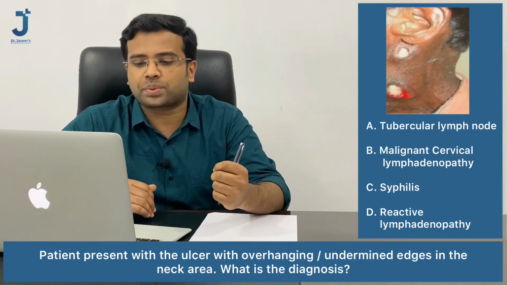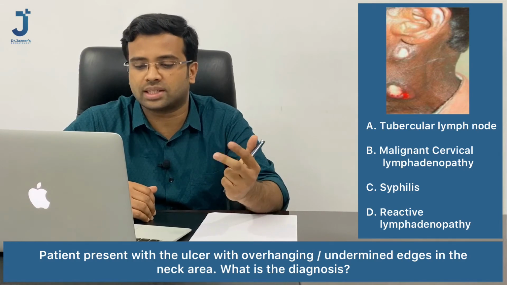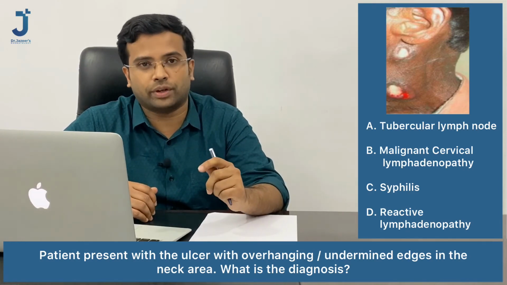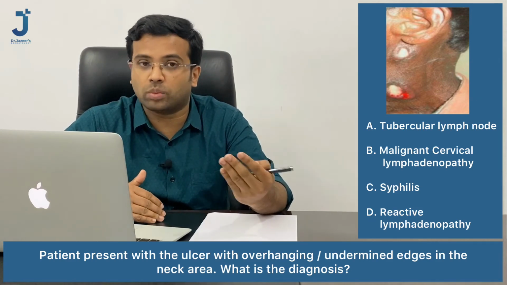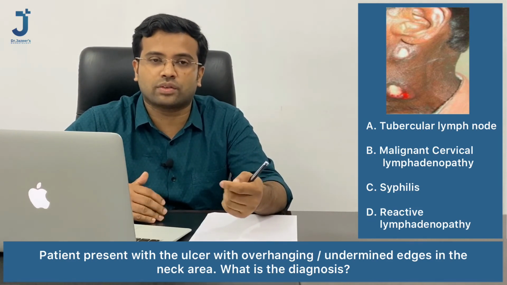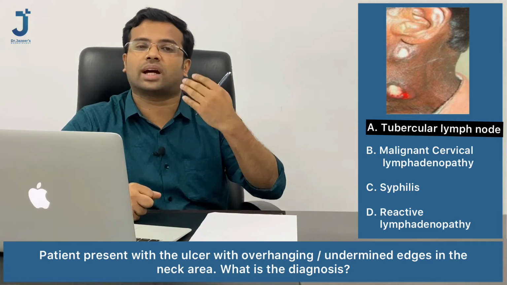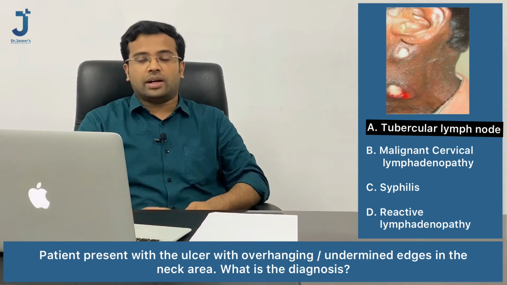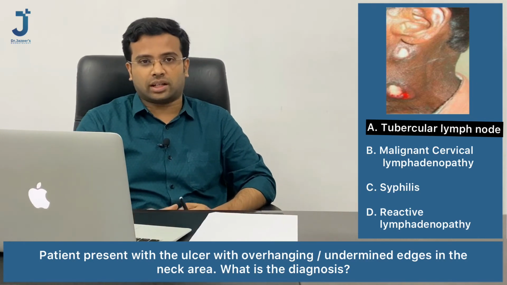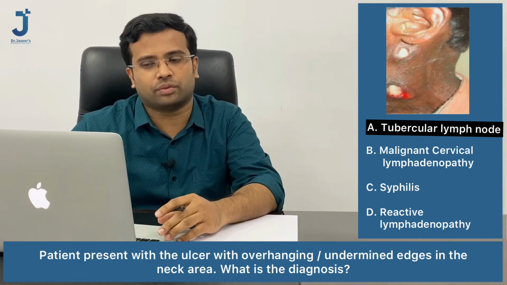Out of the options tubercular lymph node, malignant cervical lymphadenopathy, syphilis, and reactive lymphadenopathy, the best one that suits is tubercular lymph node. In the case of scrofuloderma, we know that there is a swelling, the most common site is the neck, and you may also get an ulcer with undermined edges. So the right answer here would be tubercular lymph node.